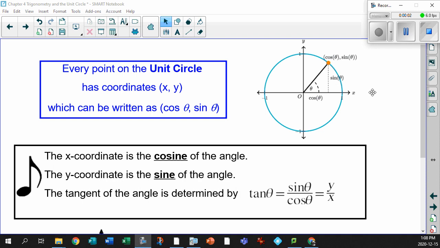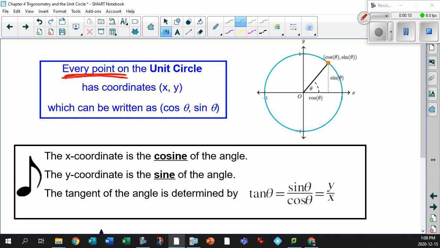Let's do a little bit of a summary here, and then I want to show you where all of this is going. Every point on the unit circle that we've talked about has a coordinate of x, y. Because it is a unit circle, meaning our hypotenuse is 1, all of the x values are actually cosines and all our y values are actually sines of the reference angle.